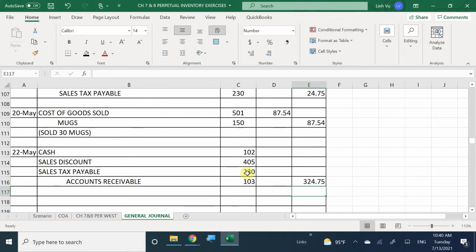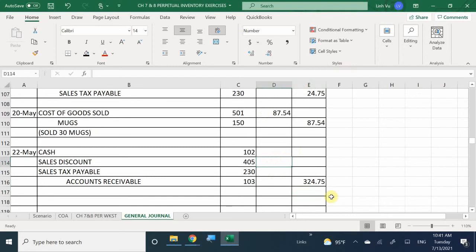Now we know that he kept 30 of the mugs and we know that the selling price is 10, so we can only discount off of the $300. So how much is my discount for? You just said we can only take the discount off of the 300.